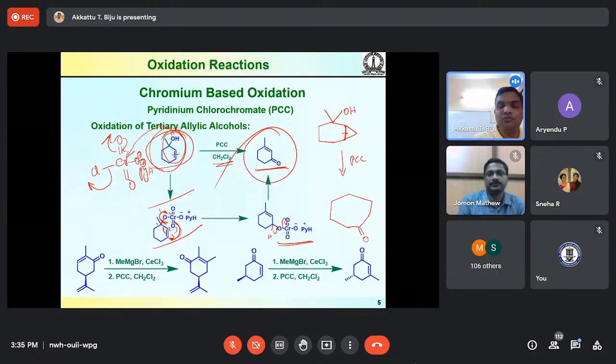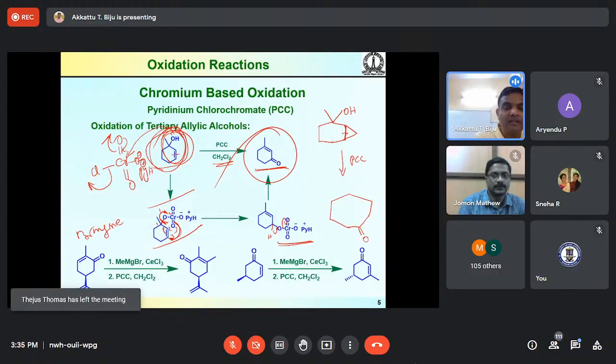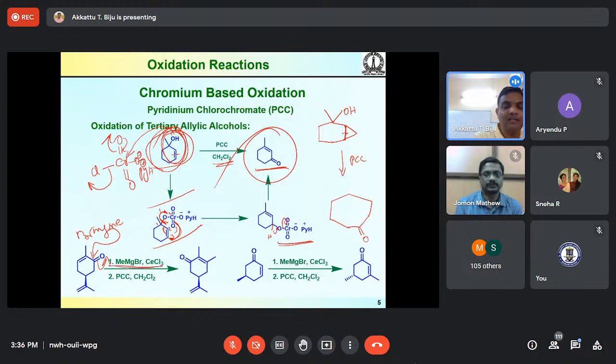Assume that if you do not have the allyl alcohol, we can generate the allyl alcohol from an alpha beta unsaturated ketone. Say for example, if you have a methyl Grignard, it will add to this ketone in a 1,2 fashion, 1,2 addition. So you generate the allyl alcohol in situ in the first step, and then a PCC mediated oxidation will lead to the formation of this product.